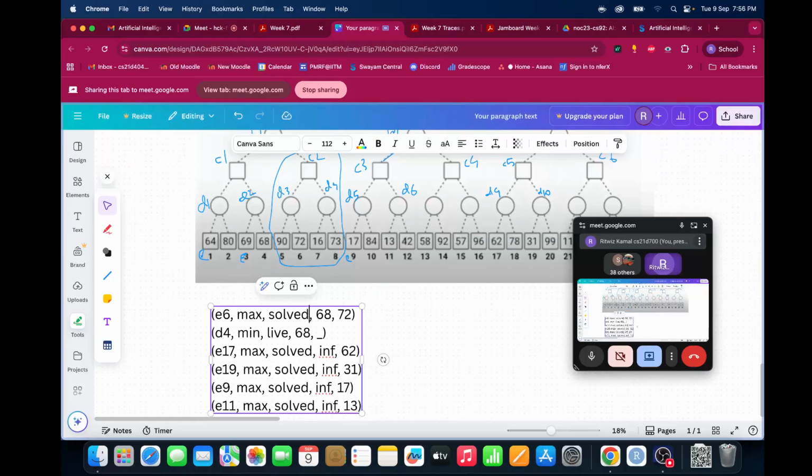Now both E5 and E6 are solved. Bound becomes 72? No, it has to be lesser, right? So can we say that D3 is now solved? Yes. So D3, which is a min node, is now solved. Bound 68, value 68.